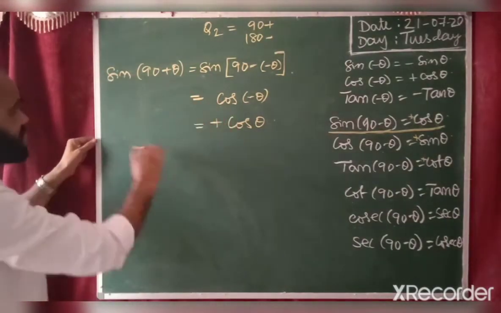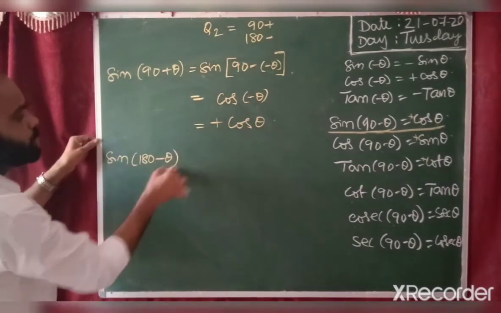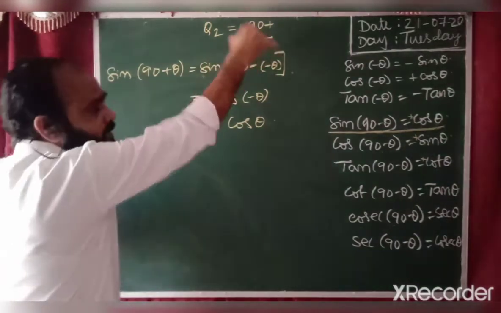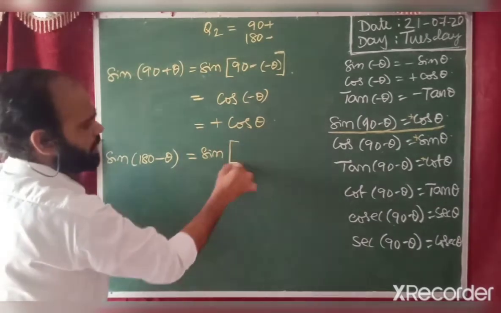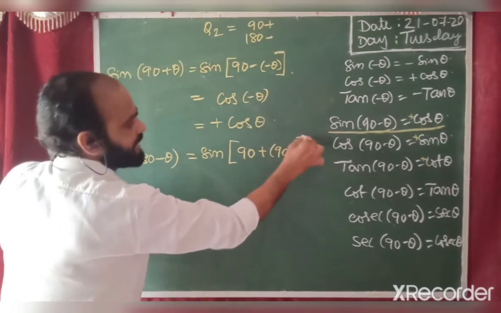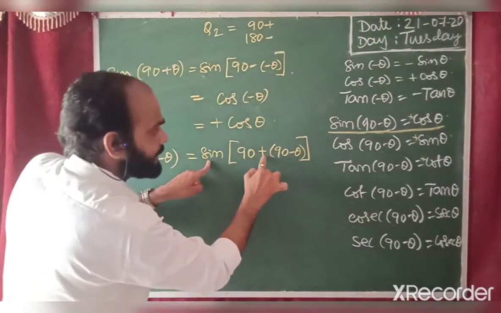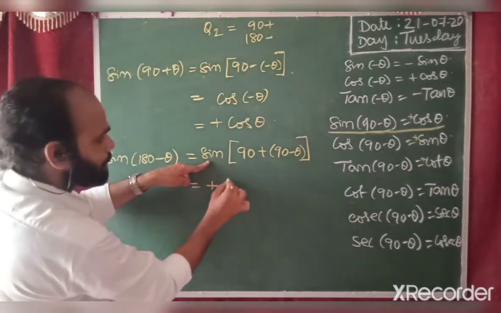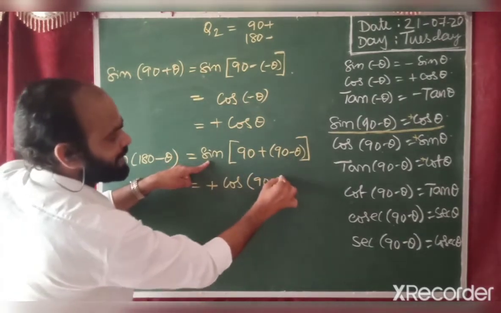Similarly, based on this, let us write sine of 180 minus theta, because we know that 90 plus is in quadrant 2 and 180 minus is also in quadrant 2. How can we write this one? Same as the previous one: sine of 90 plus of 90 minus theta. That is sine of 90 plus theta, which is nothing but cos theta, where theta is now 90 minus theta.